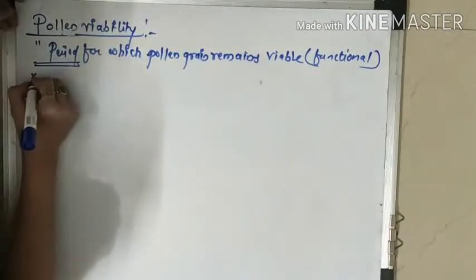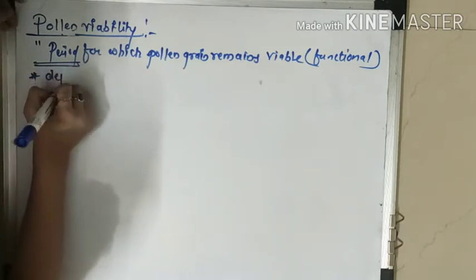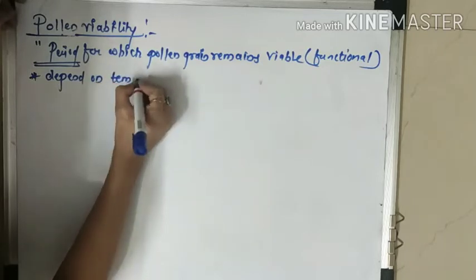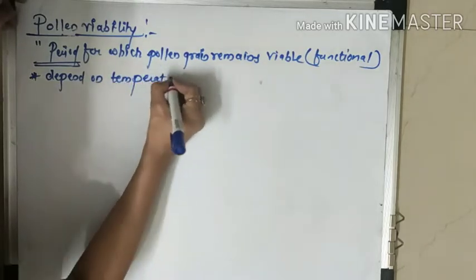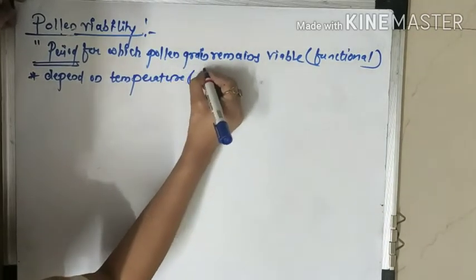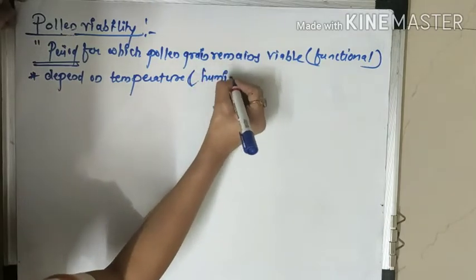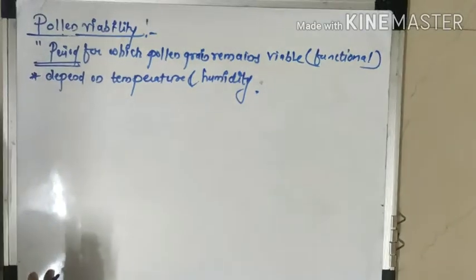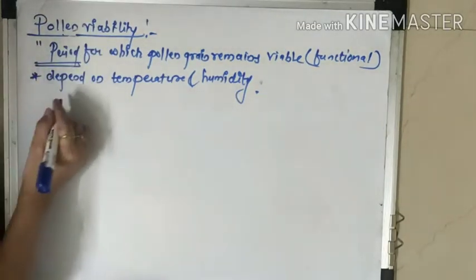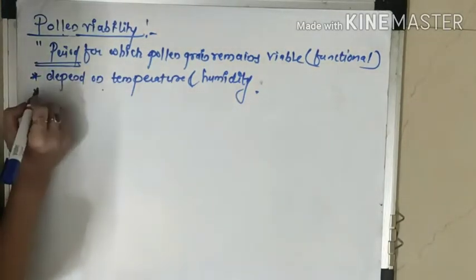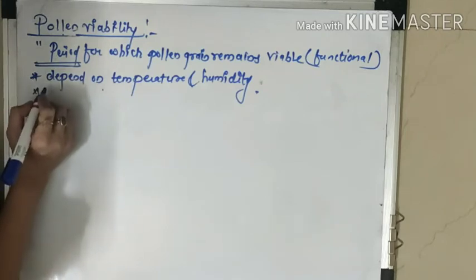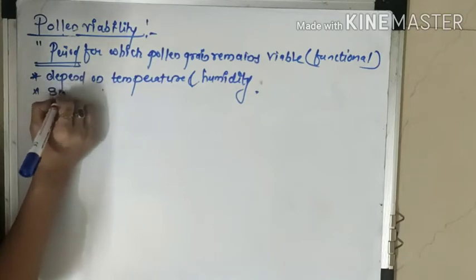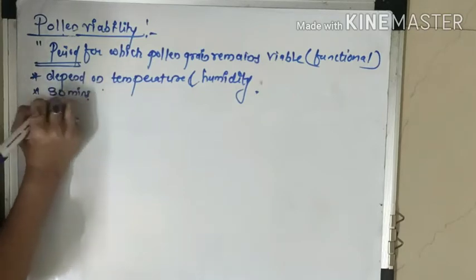Okay, and this pollen viability generally depends on temperature and humidity. These two factors on which the pollen viability depends. Then these pollen grains remain viable for 30 minutes only.